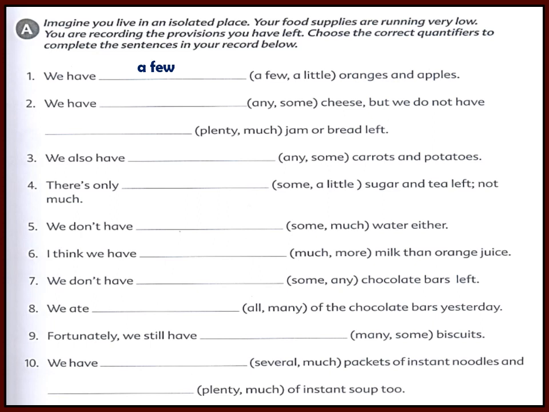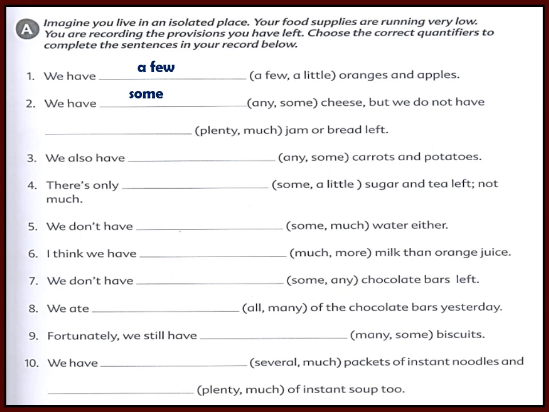Second one, we have some cheese, but we don't have. Now we have some cheese because first of all, we use some in positive sentences. Remember this, usually we use any in negative sentences. Second thing, cheese we cannot count. Cheese has amount or mass, you can say.